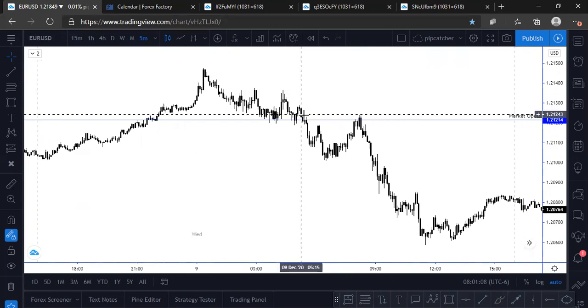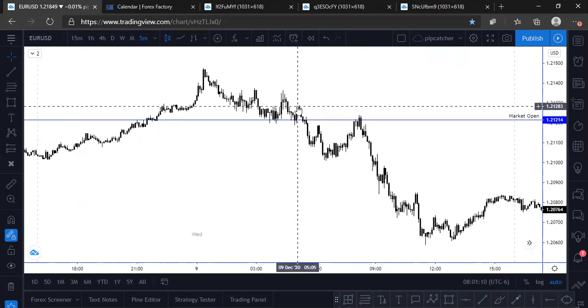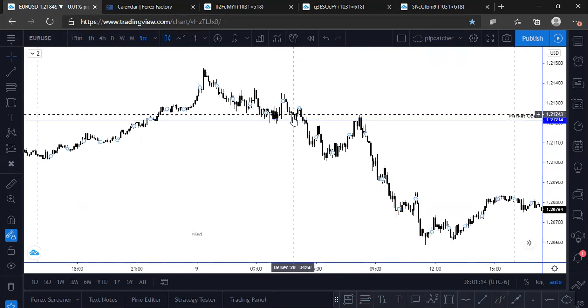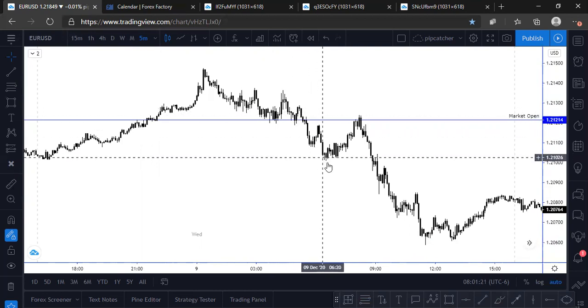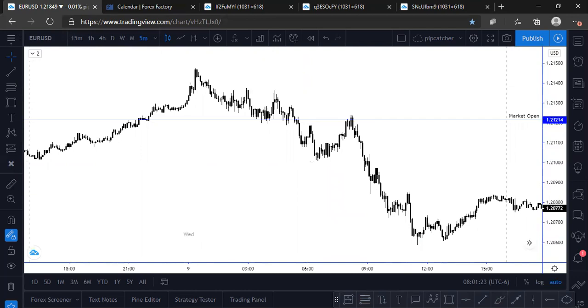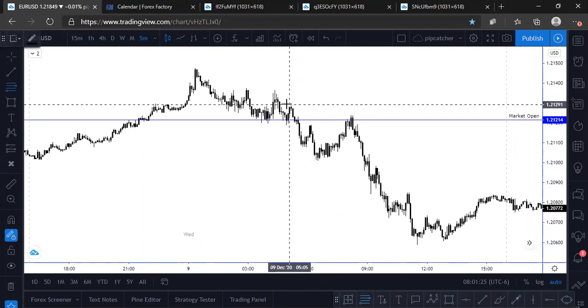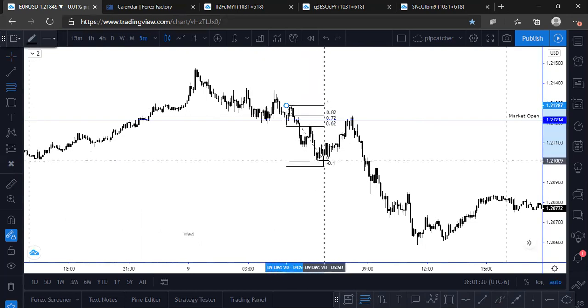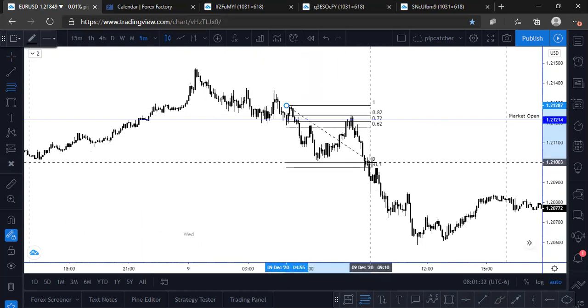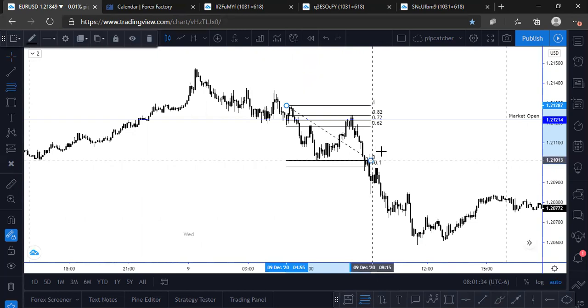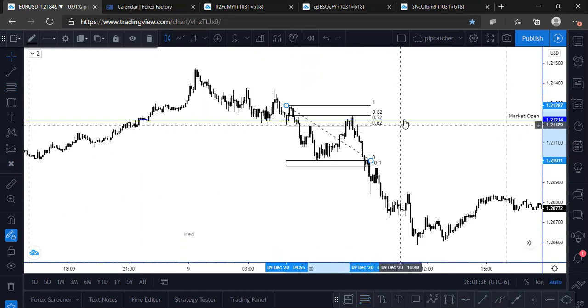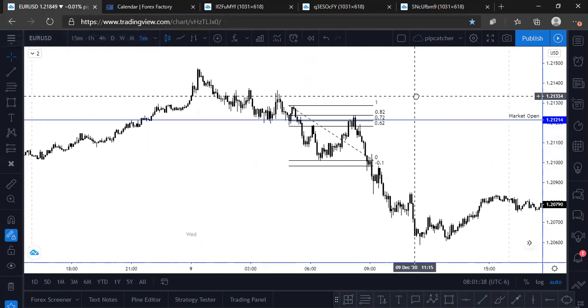So here is that last area right here, this last push to the upside, right? This last push to the upside before structure had gotten broken. So from this high point to this low down here where structure had gotten broken, I want to be using my fibs as a guide, right?